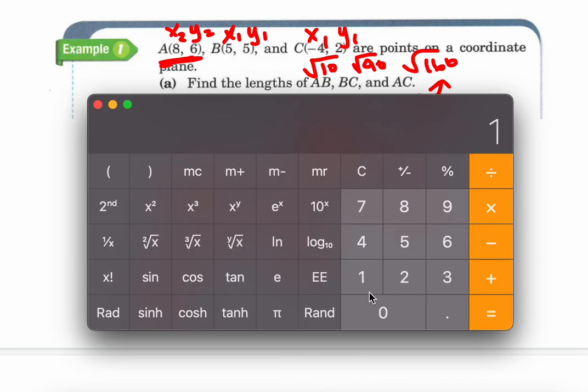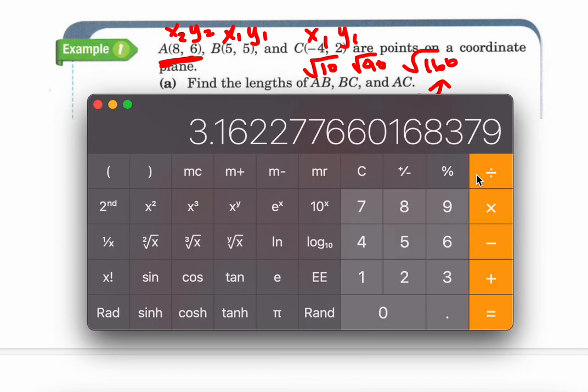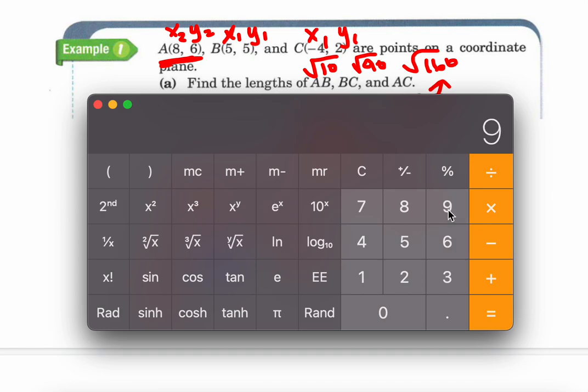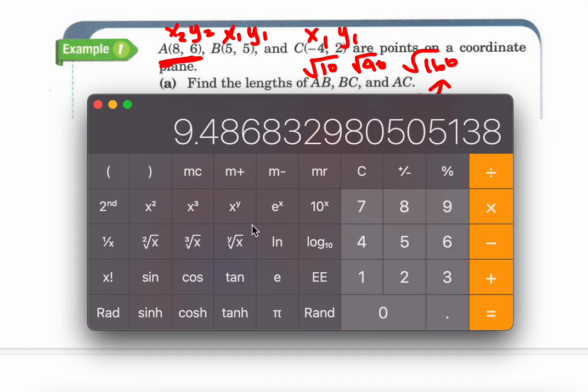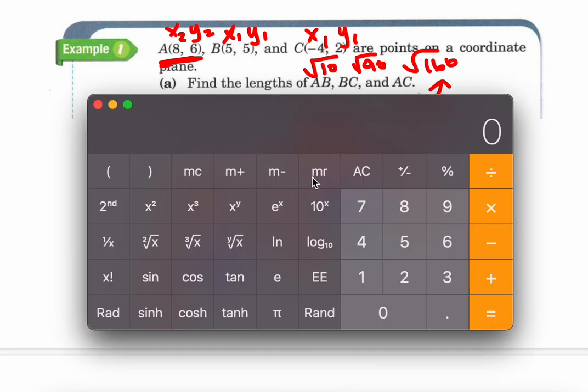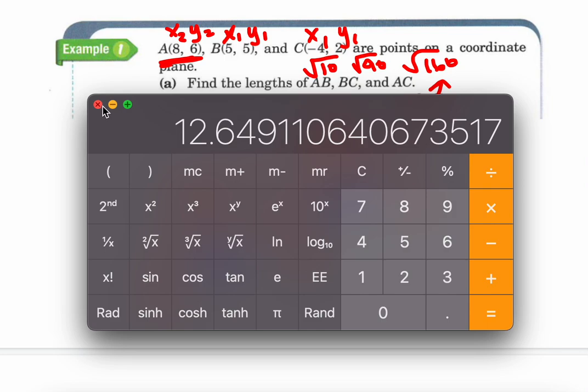Square root of 10, that's really 3.2, okay? Square root of 90 is really 9.5-ish. It might be a little bit off because we are rounding. And then what's square root of 160? 160 square rooted, 12.6.